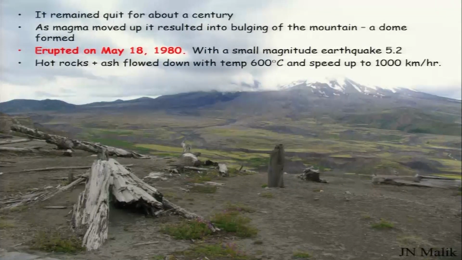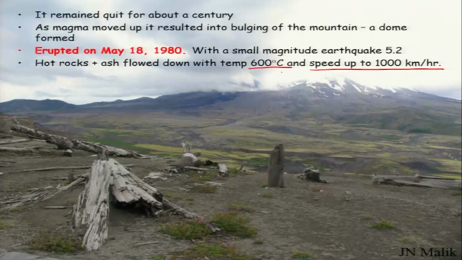Hot rocks plus ash flowed down with a temperature of almost 600 degrees centigrade, and the speed was almost 1000 kilometers per hour, so more than what an airplane flies.